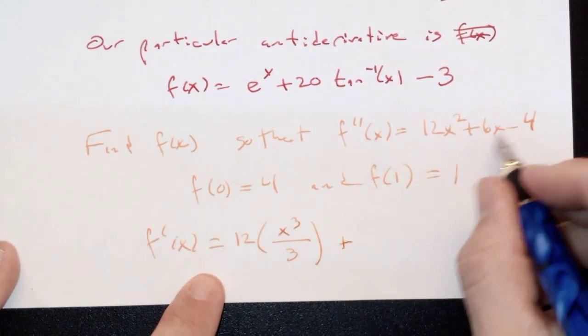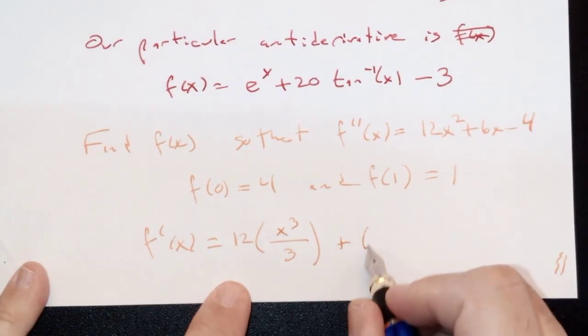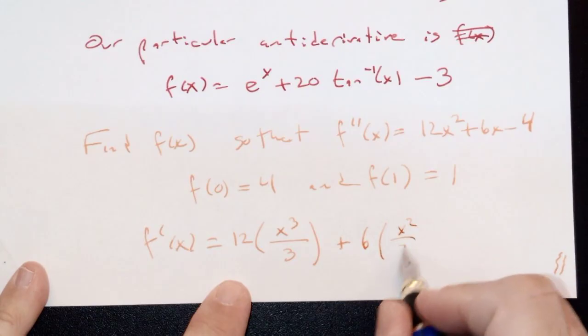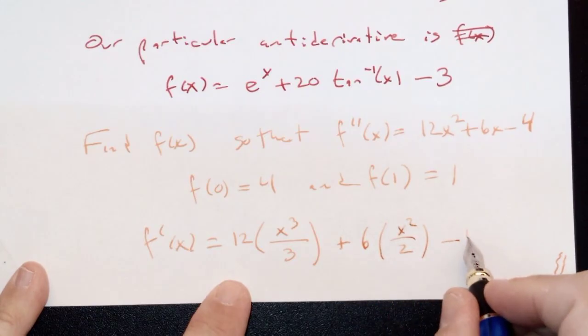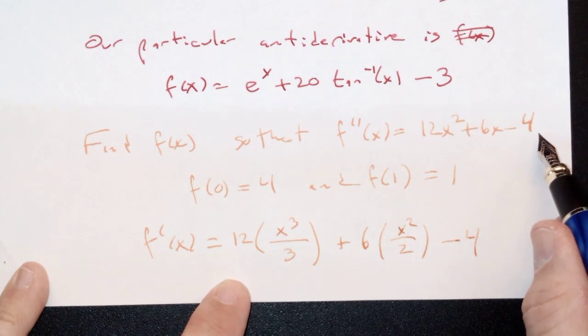Plus antiderivative of x. What power of x is that? That's the first power, so it should become the second power. The 6 stays there, and I get x squared over 2. Wait a minute. What power of x is on this 4? There isn't any, right?